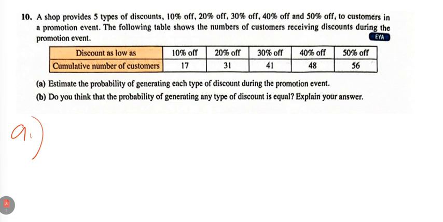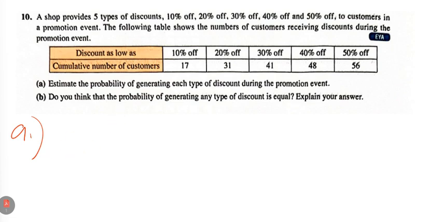Okay, so first, let's analyze each of the following discounts per event. The first one, the 10%, is 17. The second one is 13.